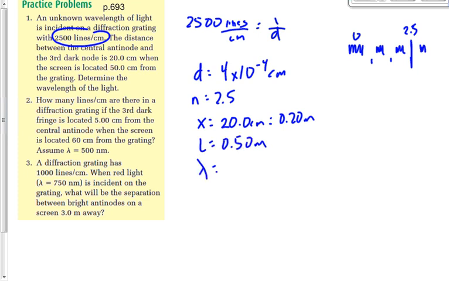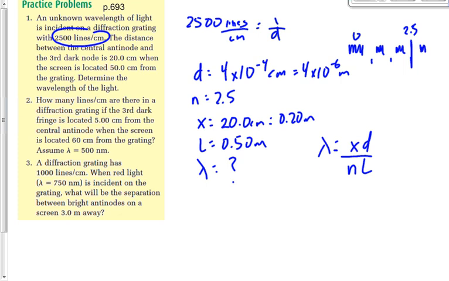Let's divide by 100 to get meters for a little d. And let's solve for lambda there. Lambda is equal to xd over n times L, right?